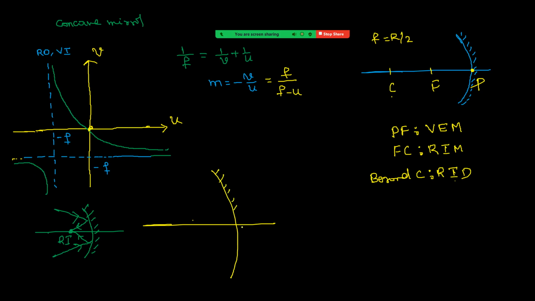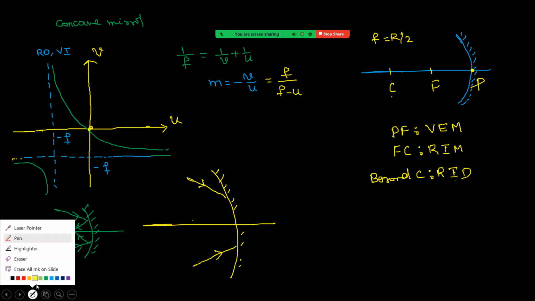A virtual object means a converging beam falls on the mirror. It is a converging beam, right? Now, where are these rays converging? Behind the mirror, right? Converging beam means if you extend them, they converge behind the mirror. That is the meaning of virtual object.